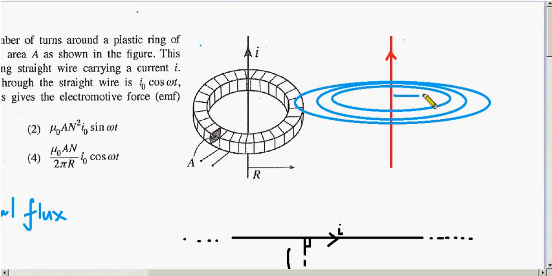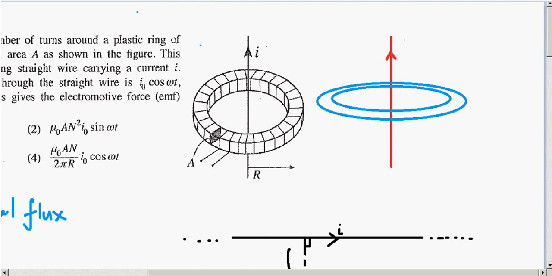Closer to the wire, the flux density is thicker. That means the lines are very close to each other like this. When they go away from the wire, they become less dense like that. So just 2 is enough.